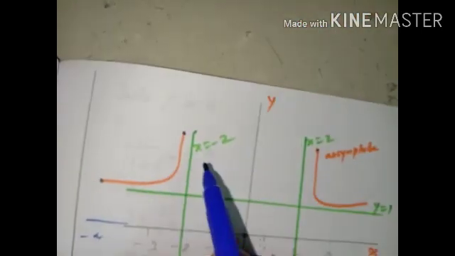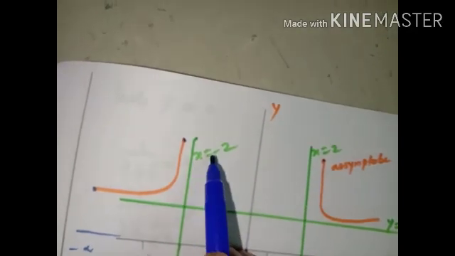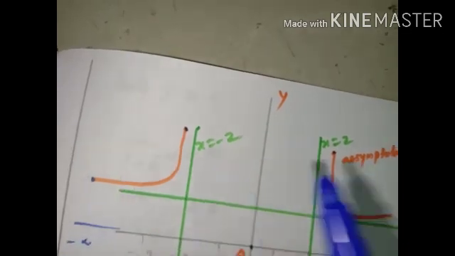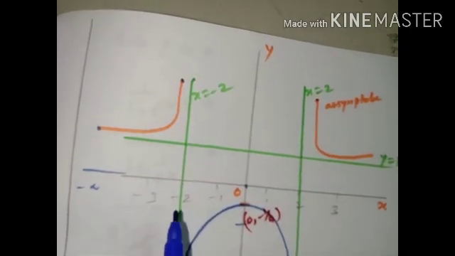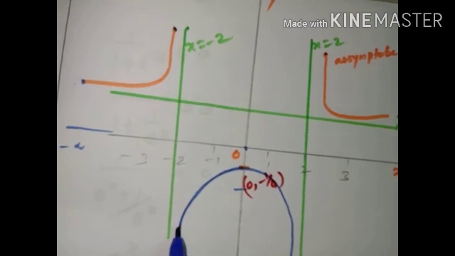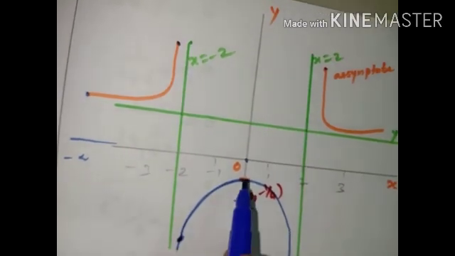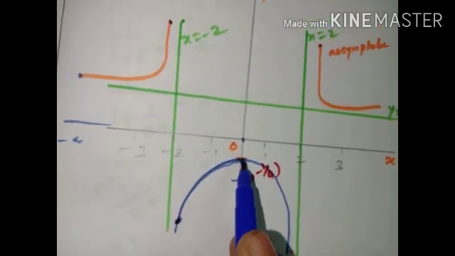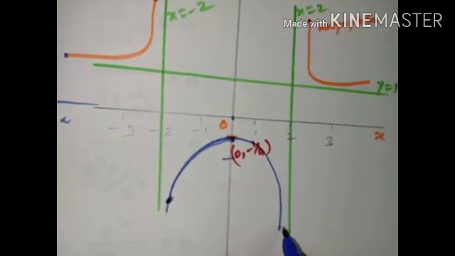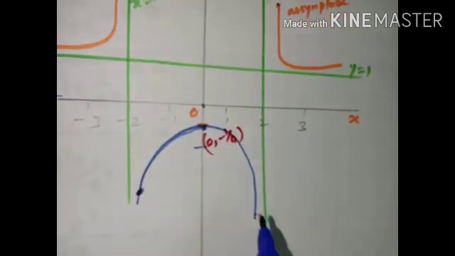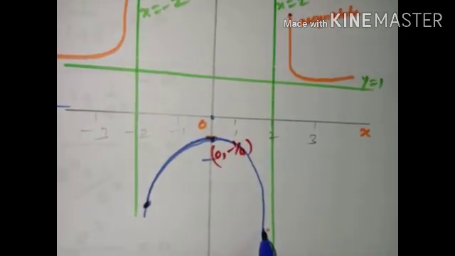Now see the diagram, minus 2 to infinity. In this, we draw the line, and minus 2 to 0 the value is increasing. So minus 2 to 0 is the increasing interval. 0 to plus 2 is a decreasing interval, so 0 to 2 is decreasing.